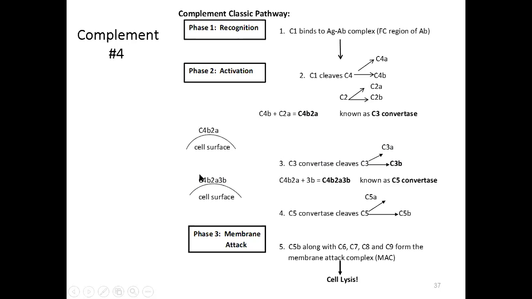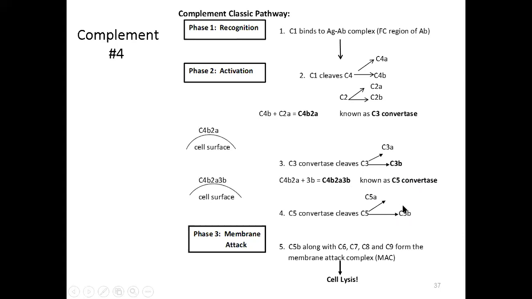This forms a new enzyme called C5 convertase. So what do you think C5 convertase is going to do? Remember, convertases cleave what's in their name. It's going to cleave C5 into pieces. So C5 convertase cleaves C5 into C5a and C5b. The piece we need is the b.